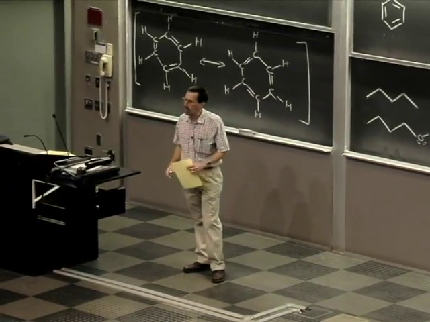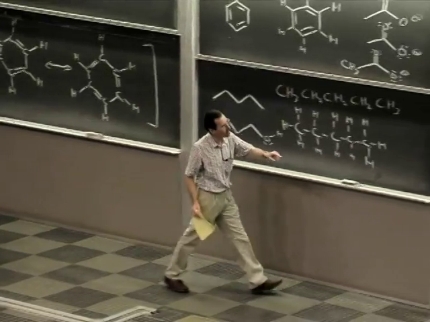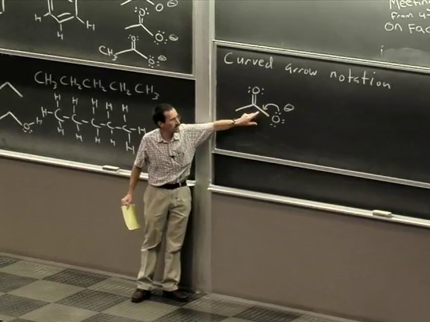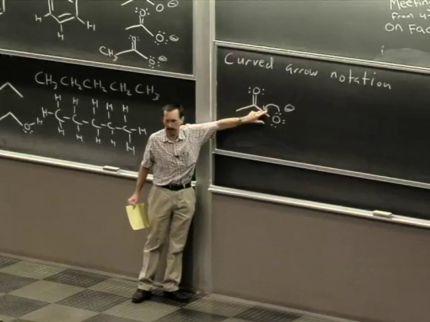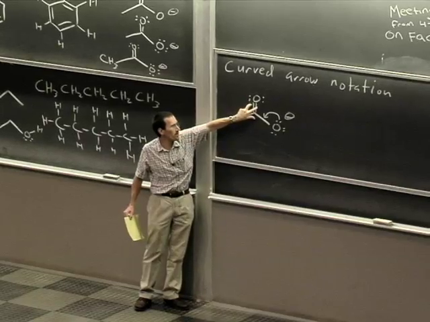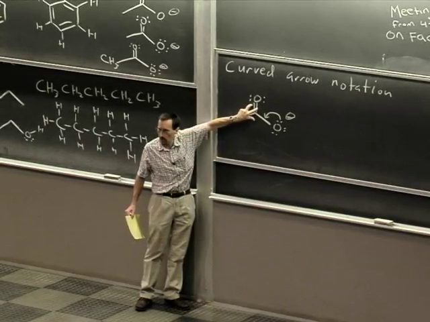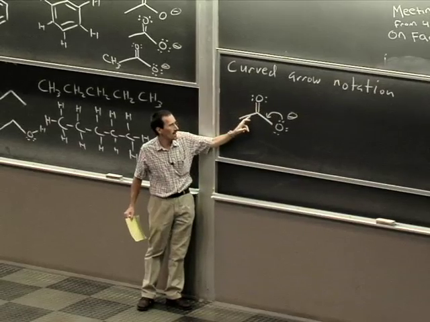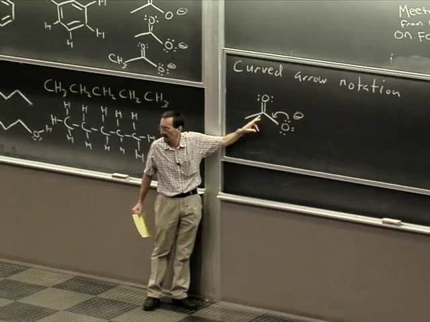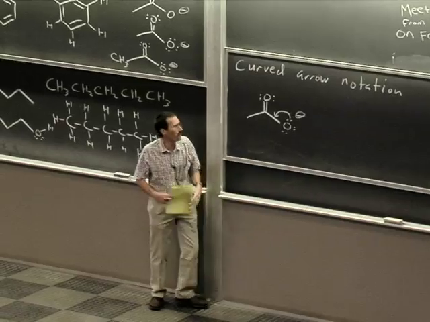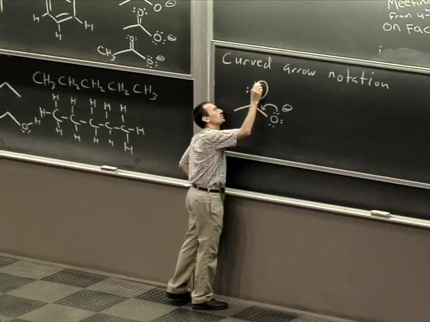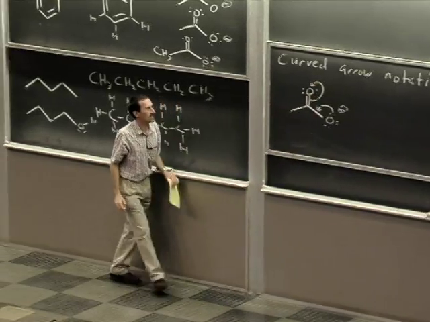If you imagine going halfway, if you imagine moving those electrons, we can't stop at that point because now you have two pairs of electrons here between the carbon and the lower oxygen, two pairs of electrons here between the carbon and the upper oxygen, and another pair of electrons in the bond from carbon to carbon. In other words, we have 10 electrons around this carbon. We can't do that. So we have to push two of the electrons onto oxygen.